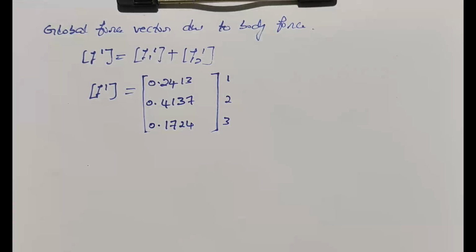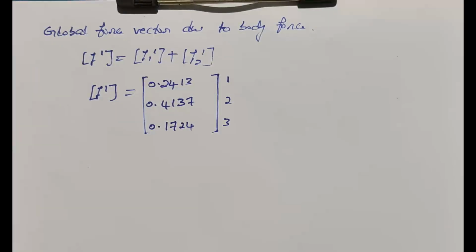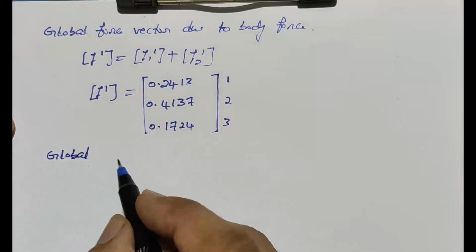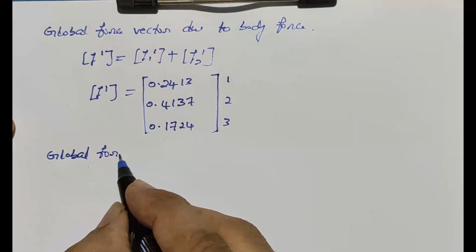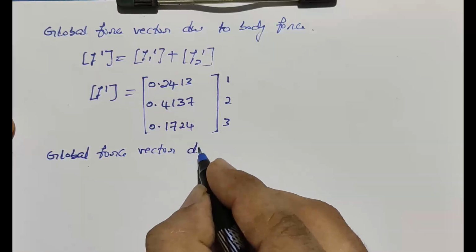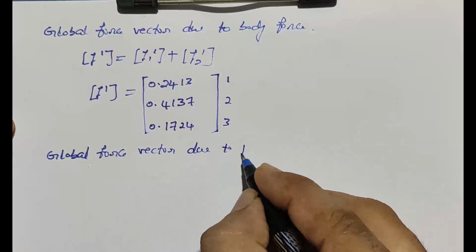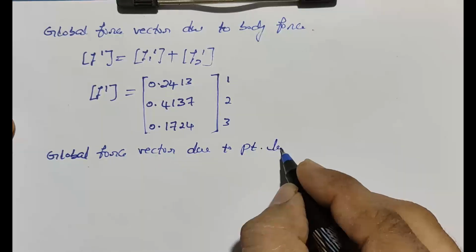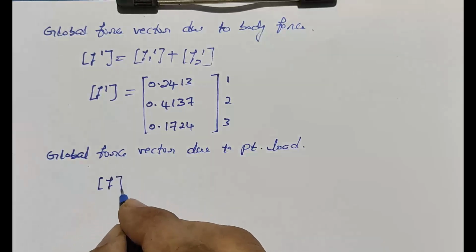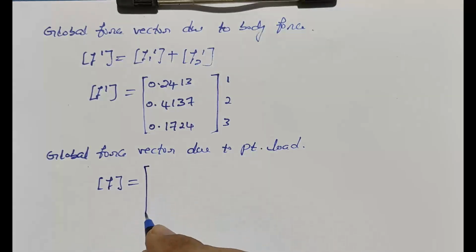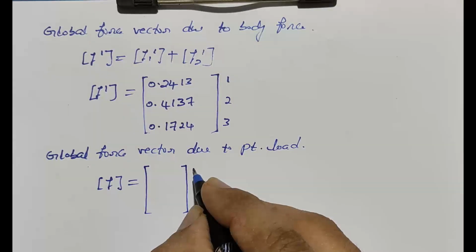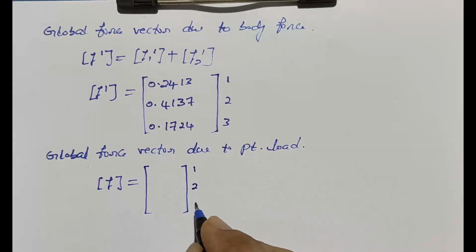Next you have to write global force vector due to point load, that is F is equal to, I will give the node numbering 1 2 3.